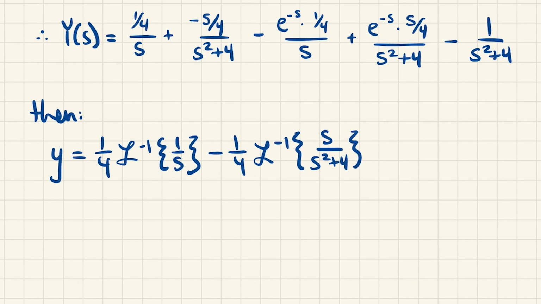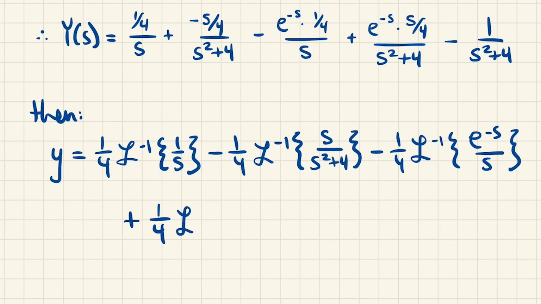And now things are starting to get interesting because we've got the e to the negative s, right? So then we have minus 1/4 times the inverse Laplace transform of e to the negative s over s. And we have plus 1/4 inverse Laplace of e to the negative s times s over s squared plus 4.